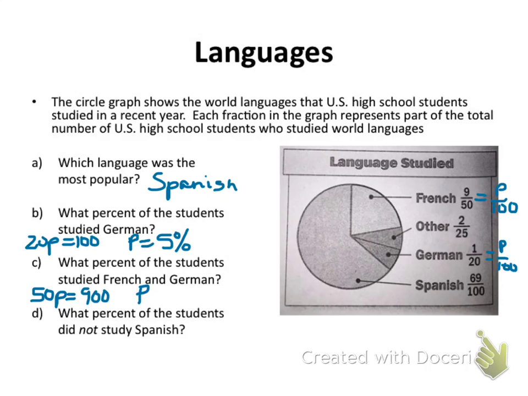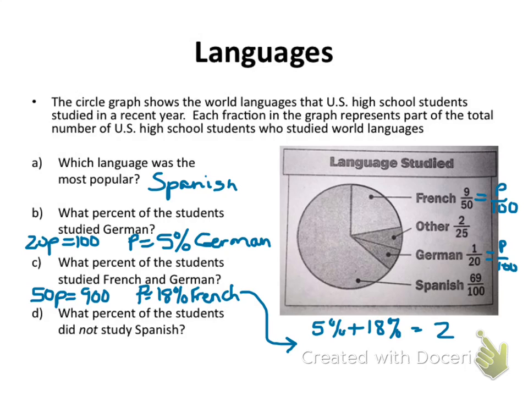So the percentage that studied French is going to be 18%, so 5% German, 18% French, and I'm going to continue this problem down here. So we would add those together. 5% plus 18%, we get 23% to answer C for the percent of students who studied French and German.